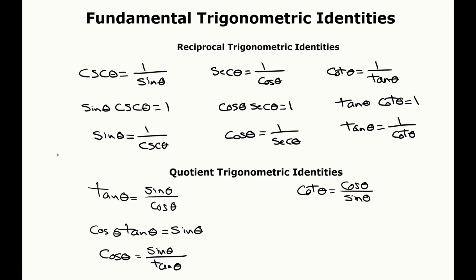On this side, we can get sine theta cotangent theta equals cosine theta, and this time solve this for sine theta to get sine theta equals cosine theta over cotangent theta.